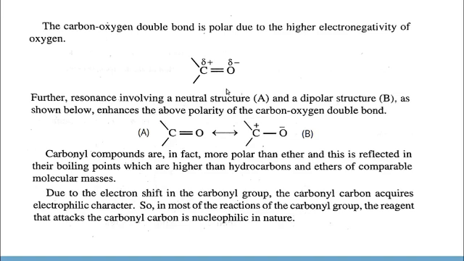That means to establish this structure, we have to follow resonance. We have two resonance structures: one is neutral structure A and another is dipolar structure B. In dipolar structure B, there is charge separation.